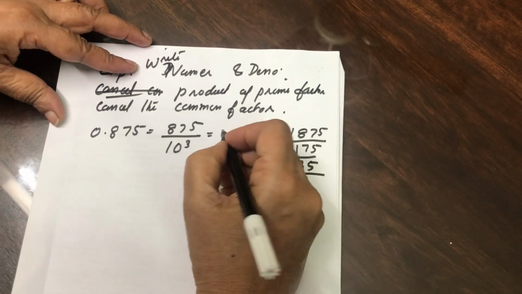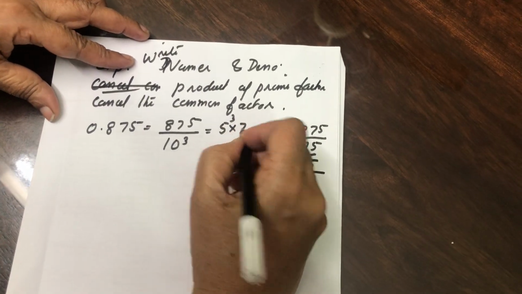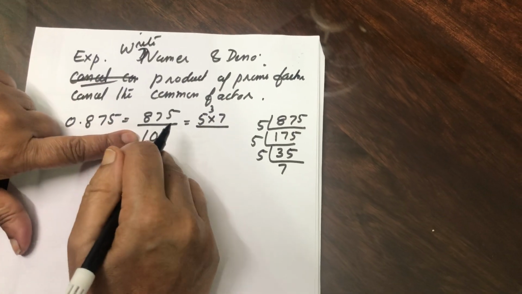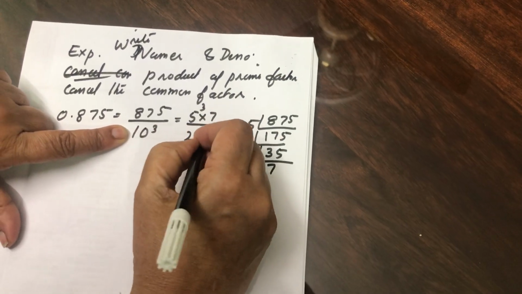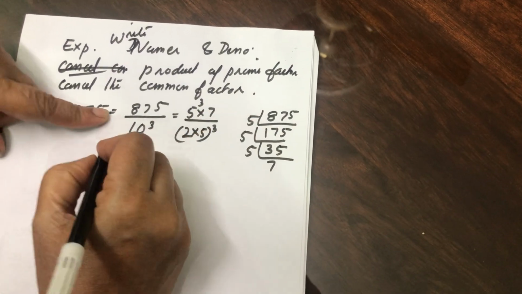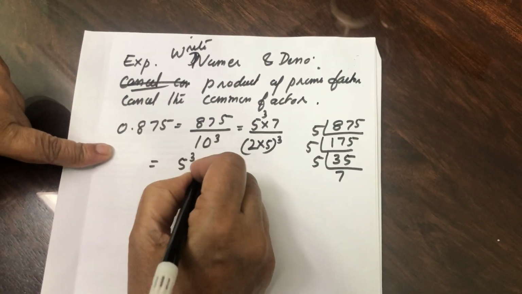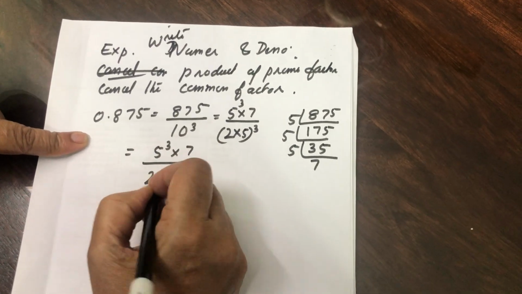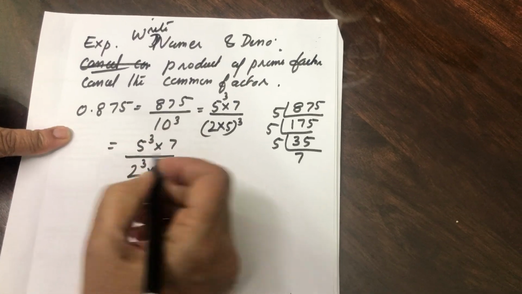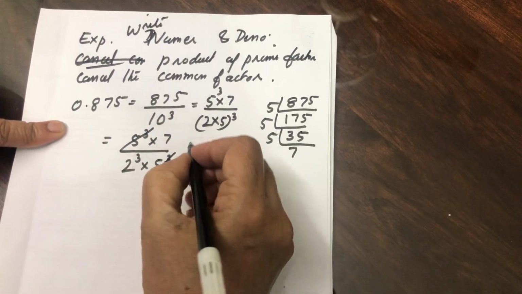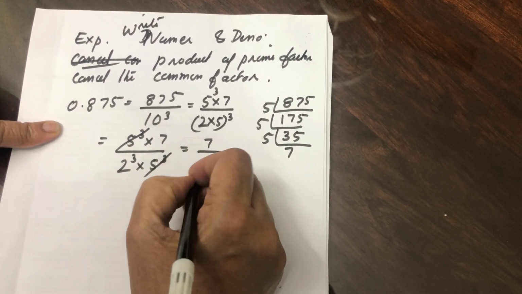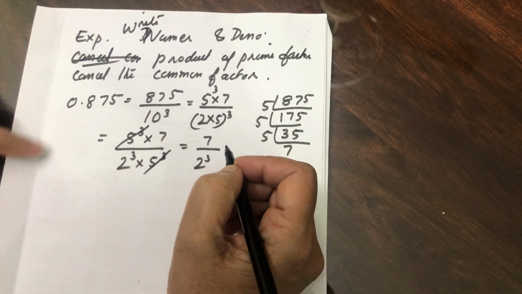So it is 5 raised to 3 into 7. You know 10 is 2 into 5, the whole raised to 3. That is 5 raised to 3 into 7 over 2 raised to 3 into 5 raised to 3. Cancel the common. So you are getting 7 by 2 raised to 3.